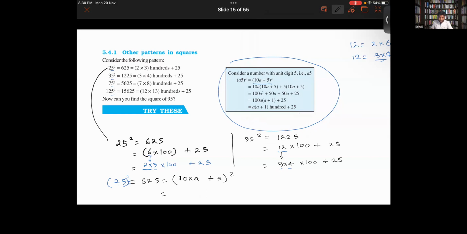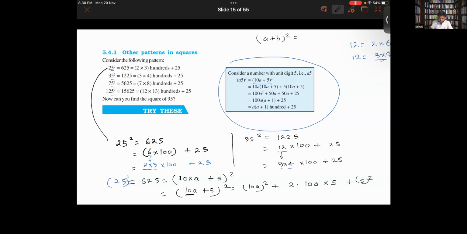Let's expand it. So after expansion, I know it's (10a plus 5) whole square, that is (a plus b) whole square. What is the formula? Sir, a square plus 2ab plus b square. So a square, a will be 10a here. So (10a) whole square plus 2ab, that is 2 times 10a multiplied by 5, plus 5 square.